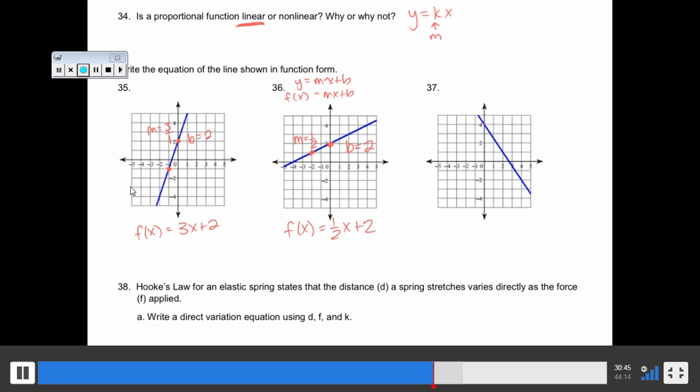And then for this last one, the y-intercept is 4. And I'll pick another point. So my slope, you always do rise first. So 1, 2, 3. And then this time we go left 2. So that's negative 2. So we can say that f of x equals negative 3/2 x plus 4.